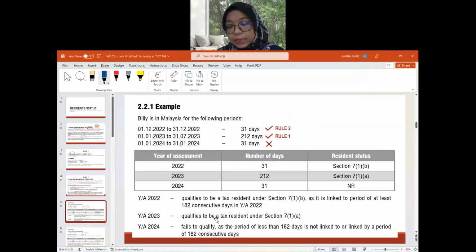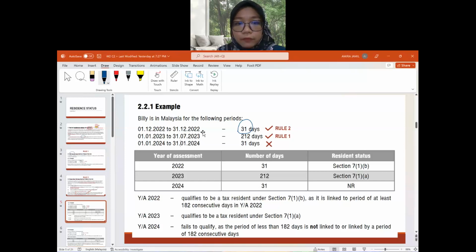Okay, Billy is in Malaysia for the period from 1st December 2022 until 31st December, only 31 days or 1 month. Okay, but if we consider rule number 1, it's less than 182 days. So here he cannot be considered as tax resident because it's less than 182 days, for rule number 1.